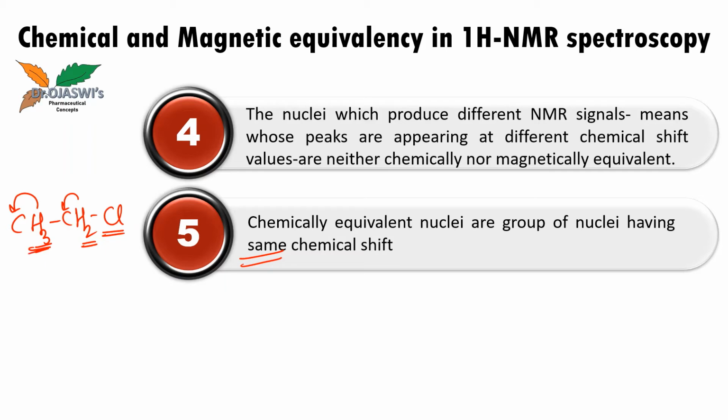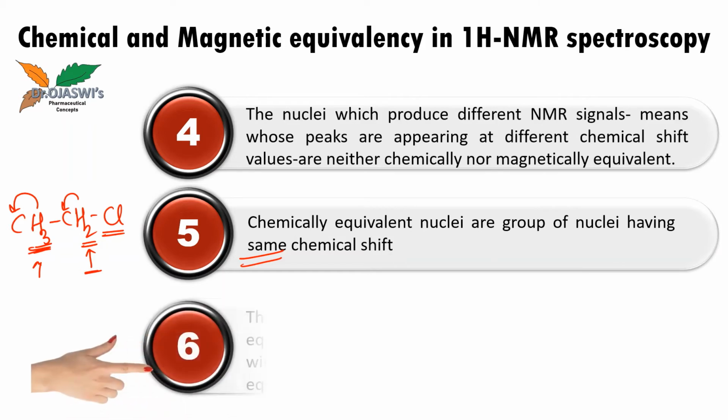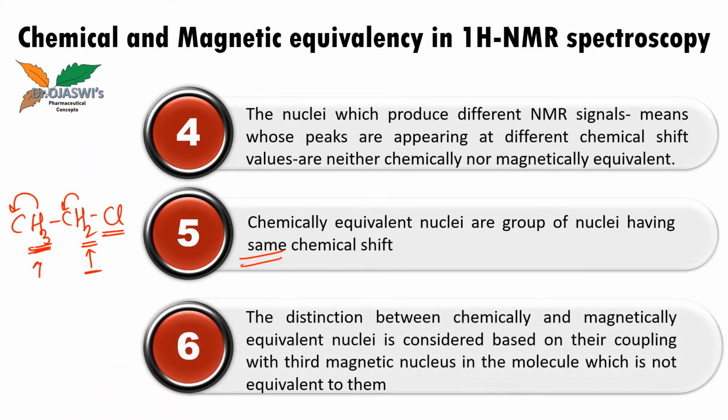So these three are chemically equivalent, and these two are chemically equivalent, therefore I am getting the same peak for these two protons at the same chemical shift value.